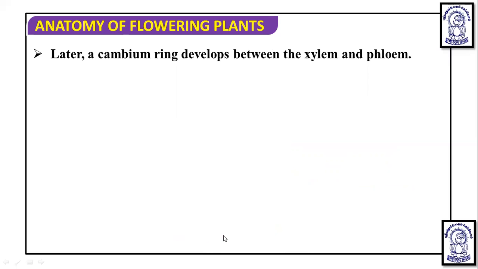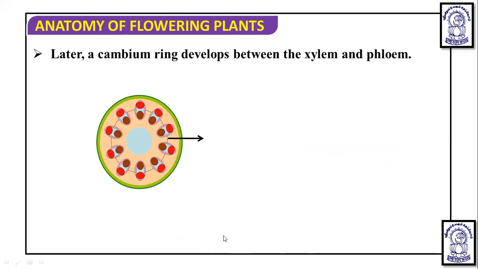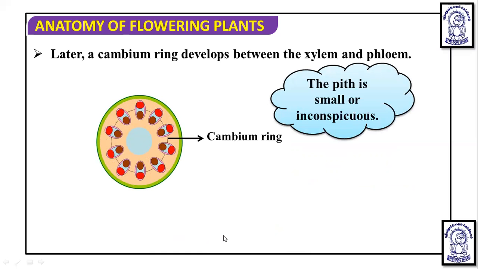Now, as we discussed, a little cambium ring develops between the xylem and phloem. As you can see here, this is the cambium ring, and the pith is small and inconspicuous.